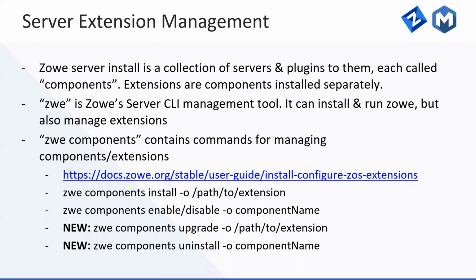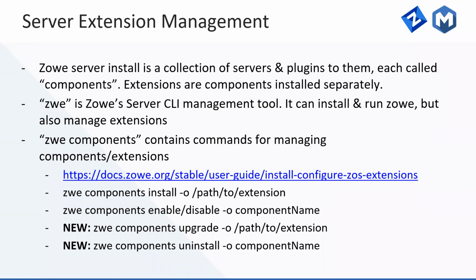What it can do for the servers is help to install and run them, but also to manage them and to manage extensions. So ZWE breaks down into subcommands, and if you want to install a product on top of Zowe v2, the simplest command that you can do here is zwe components install, and the -o option is shorthand for give me a path to an extension.